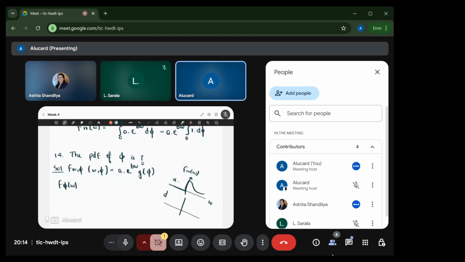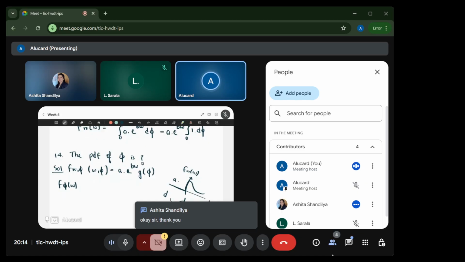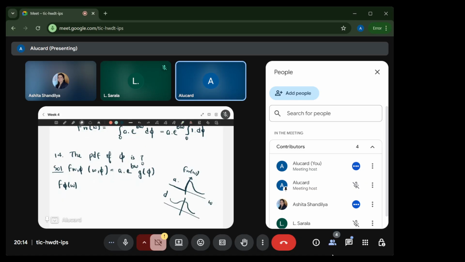Option D is something like this. This is just some random curve I'm drawing. I'm not saying that the distribution is this form, but what I'm saying is option A says W has to be only positive values, but option D says it can be positive or negative values. You can see W is x square plus y square. You only think whether x square plus y square can be positive or negative.